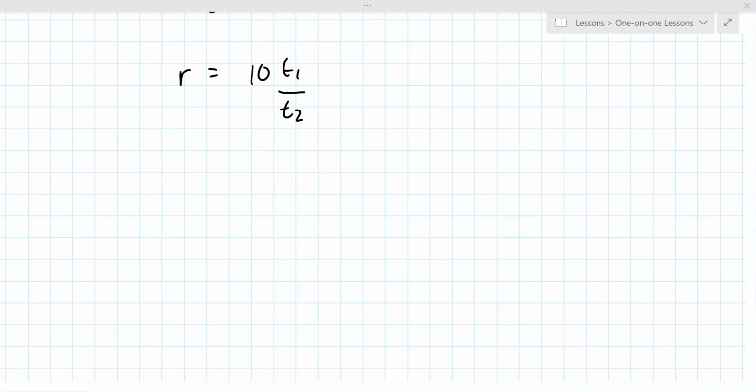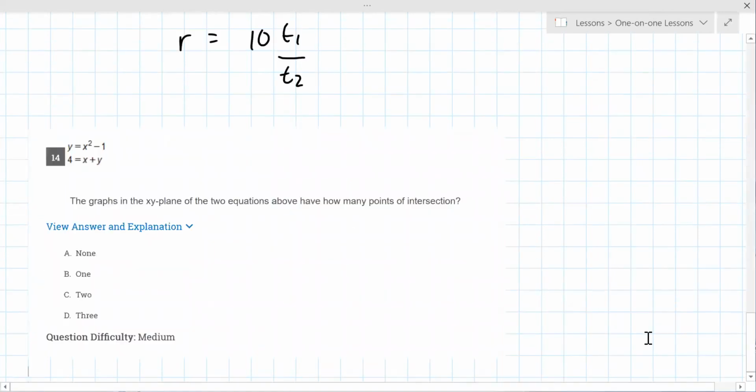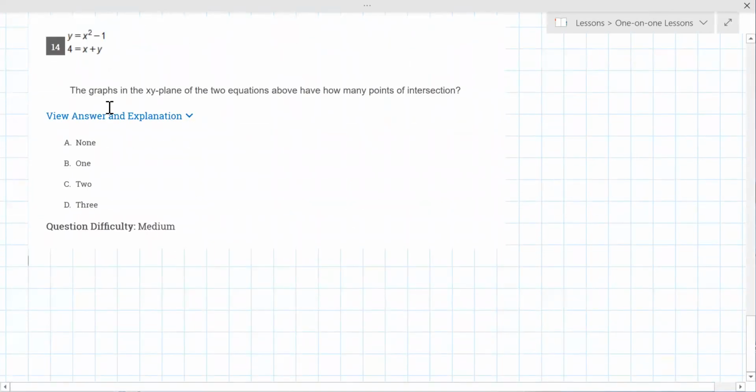Question 14 here. So this is a calculator question. It says the graphs have how many points. So you could graph this, but graphing is slow.